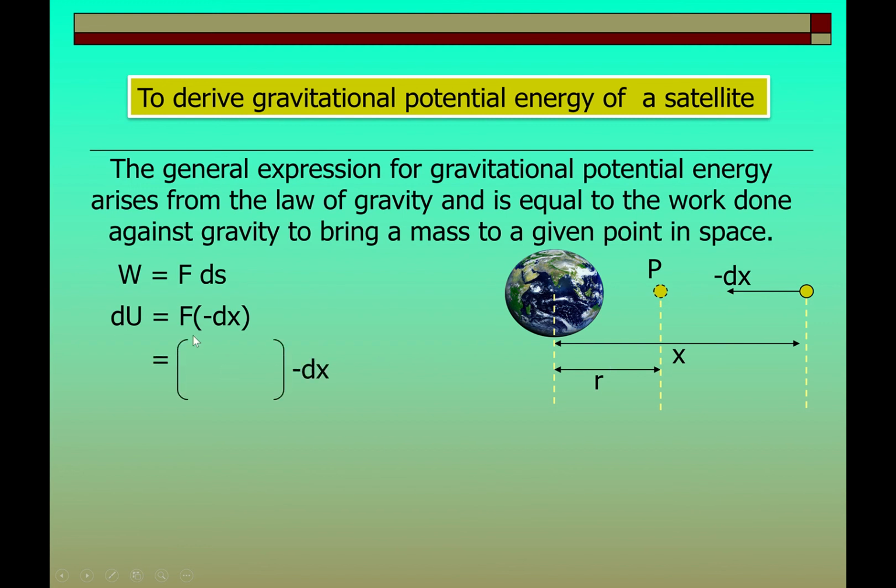So F, the gravitational force, equals negative GMm, the mass of the object or satellite times the mass of the Earth, divided by x squared.